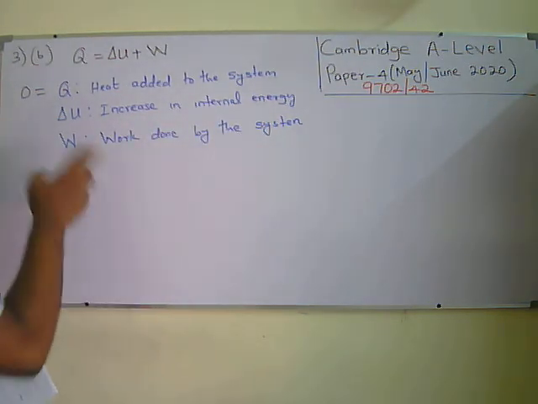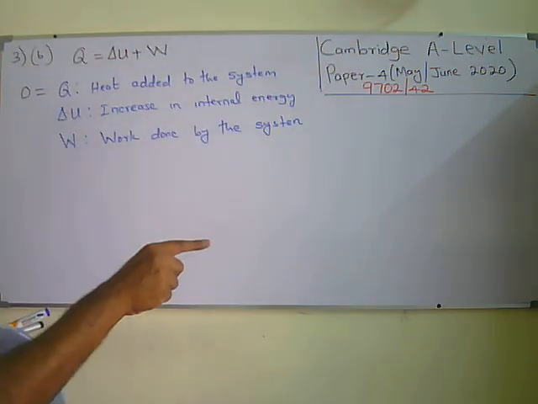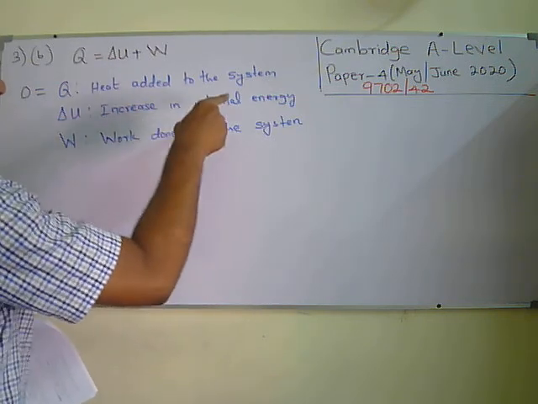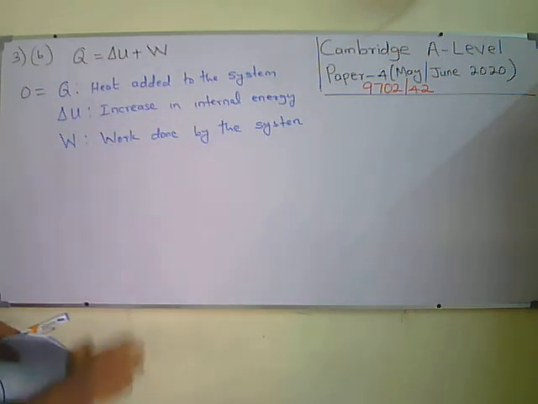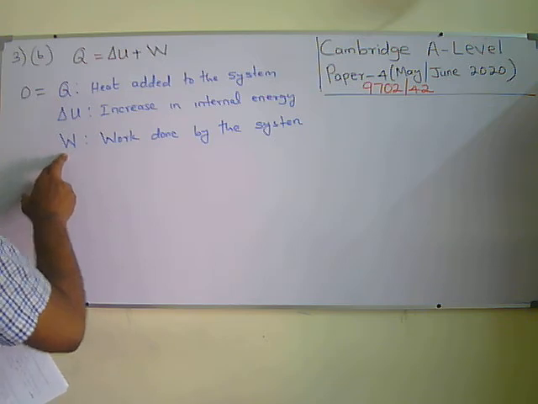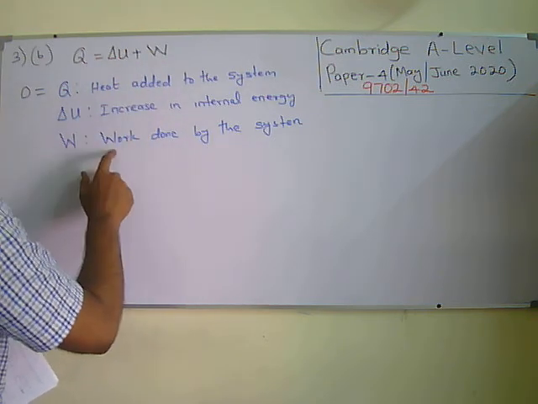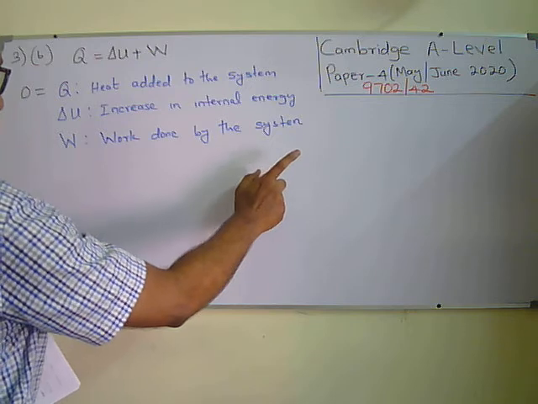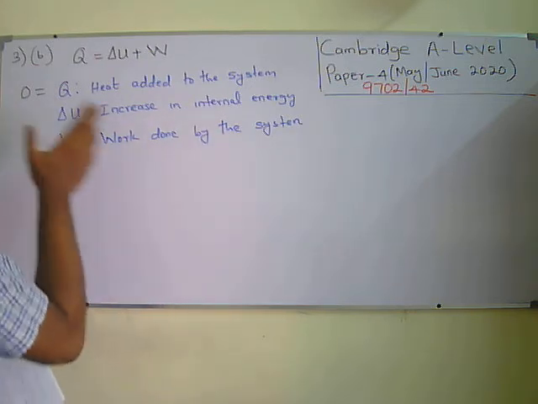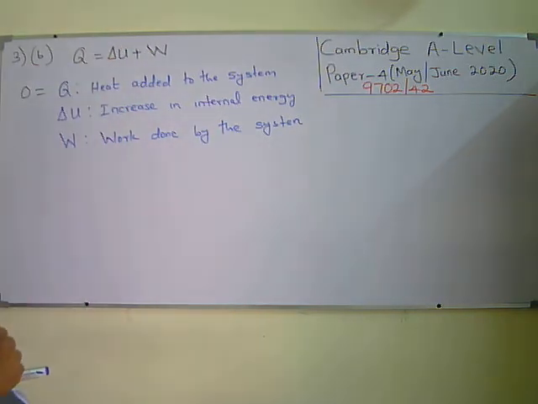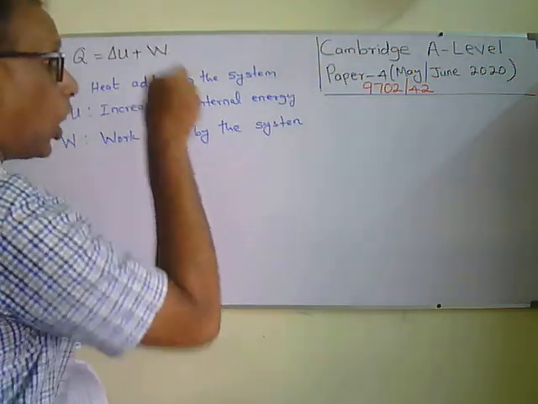If you get delta U negative, that means decrease in internal energy. Here also W is taken positive in this equation. So W is taken as work done by the system, that is a positive quantity. If you get a negative answer for W, that means work done on the system.